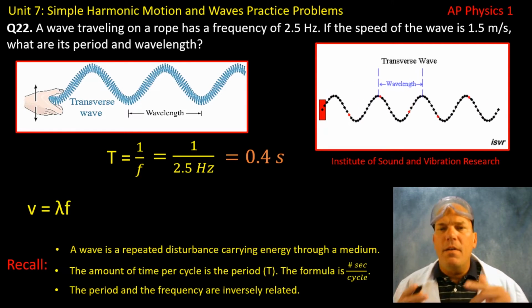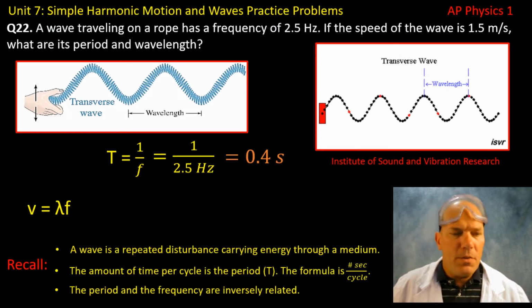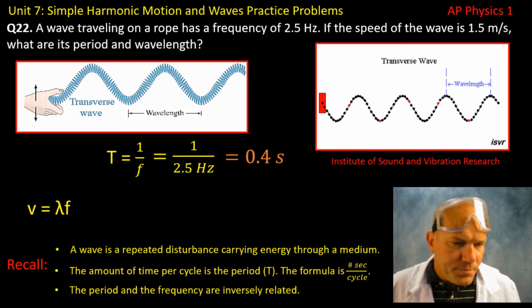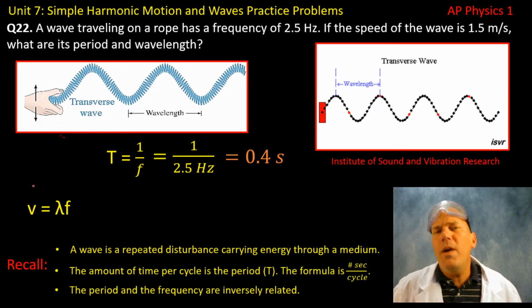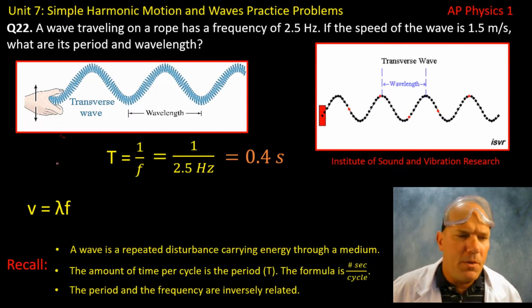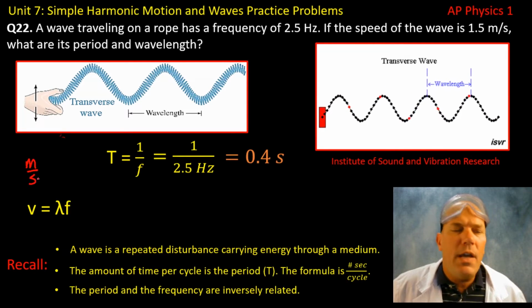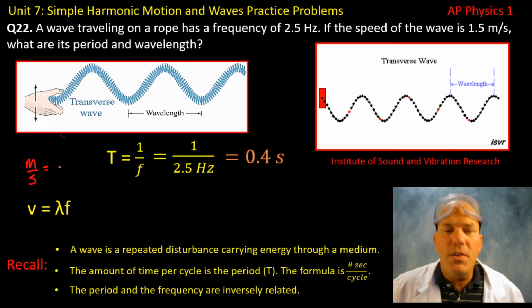Now, the velocity of a wave is found to be 1.5 meters per second. And our equation that we're using, velocity is going to be equal to the wavelength multiplied by the frequency. And I would always encourage you guys to look at your SI units here.